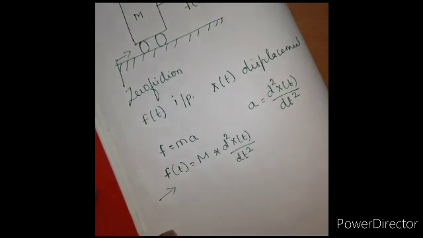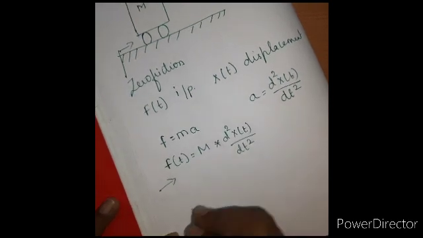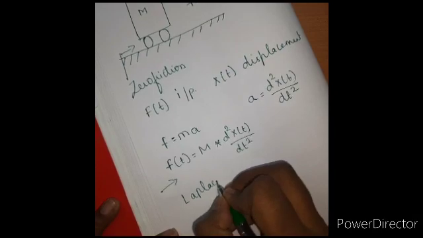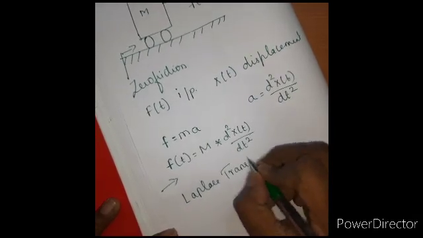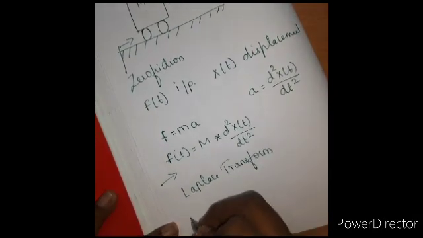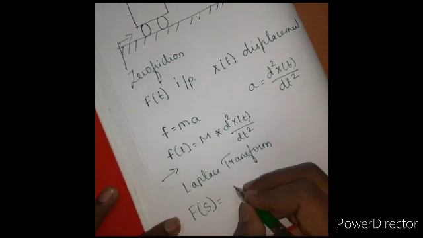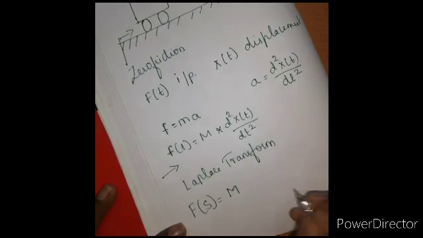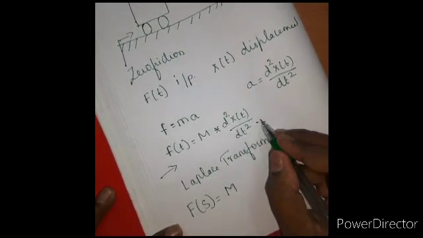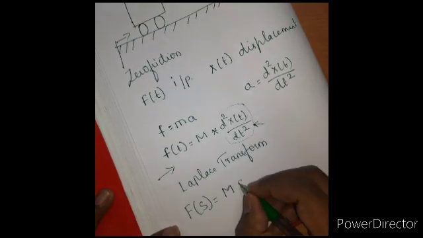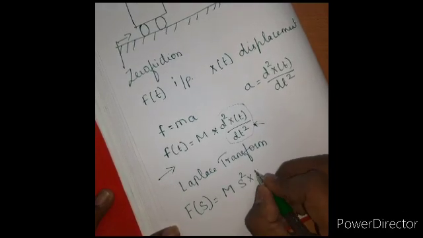Now everything is in time domain, but I want it in terms of frequency domain. So I am going to take Laplace transform of that. When I take Laplace transform, f of t will become f of s. Mass is a constant. Then the Laplace transform of this term is s square x of s.